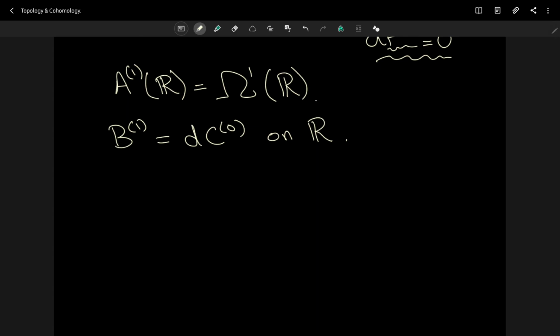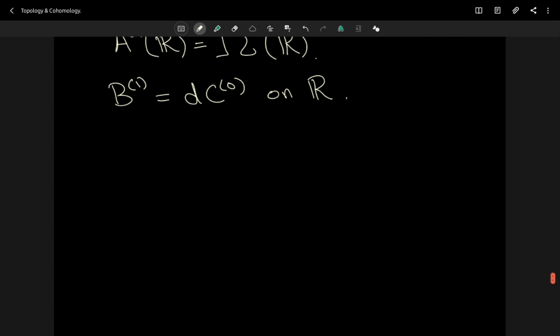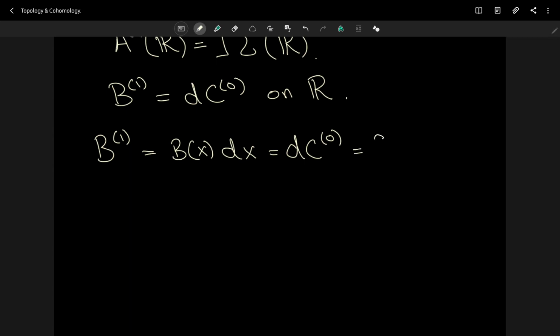More explicitly, I can write b1 equals b of x dx, which is equal to dc0, because it would be dc of p minus 1, but p is 1, so 1 minus 1 is 0. But this is equal to dc of x over dx times dx.